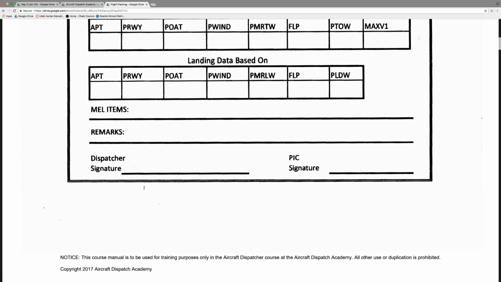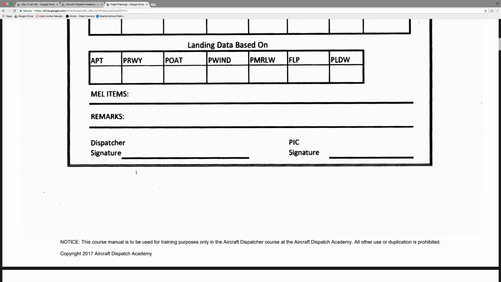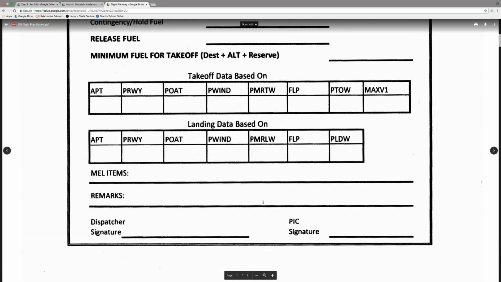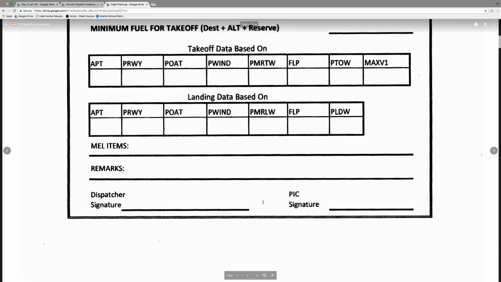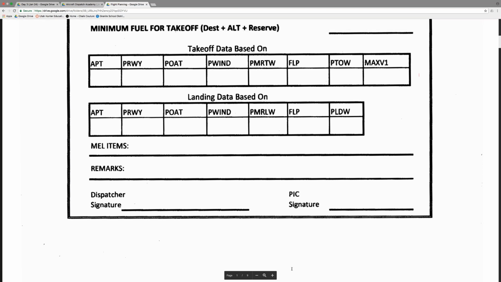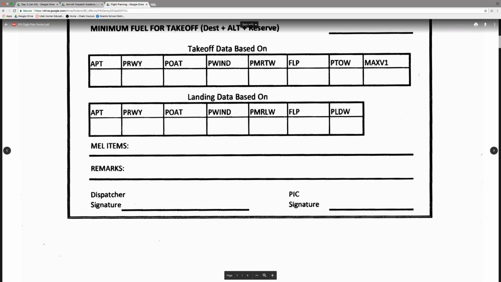Okay. All right. So once that's all done, here's what that FAR we just went over actually goes about. After that's done, we are required to sign the release with the PIC, the pilot in command. The reason is that the pilot in command and the dispatcher are jointly responsible for the safety of the flight, correct?